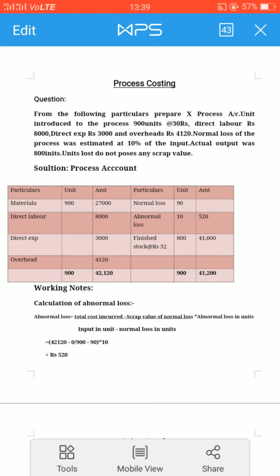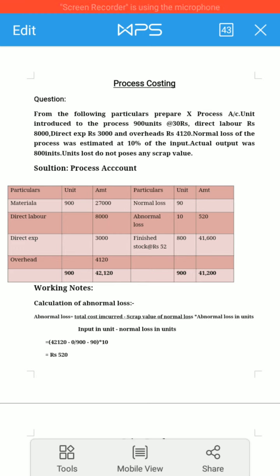Here in the question the total cost is 42,120 and scrap value is not mentioned, so we can assume it as 0, divided by input in units, 900 units, minus normal loss 90 units, into abnormal loss of 10 units. Applying these values in the equation we get rupees 520, that is the value of abnormal loss.